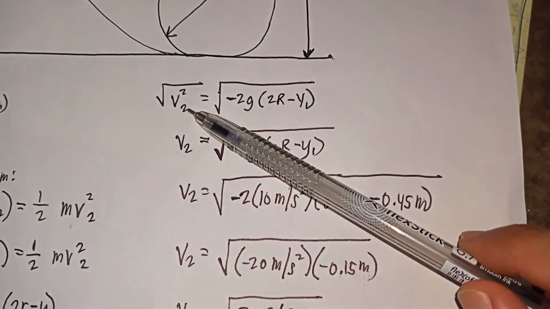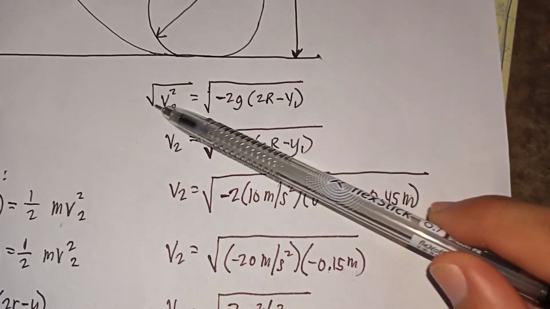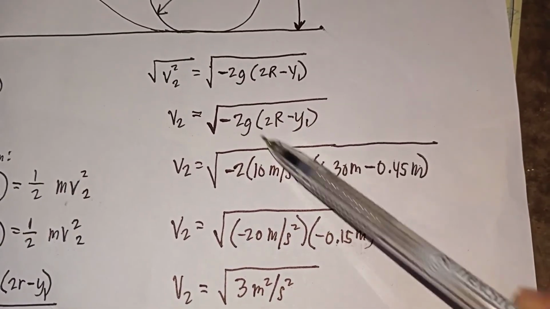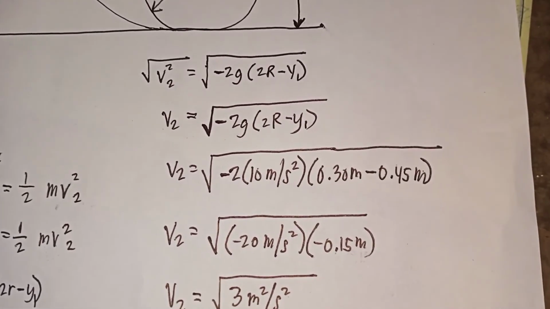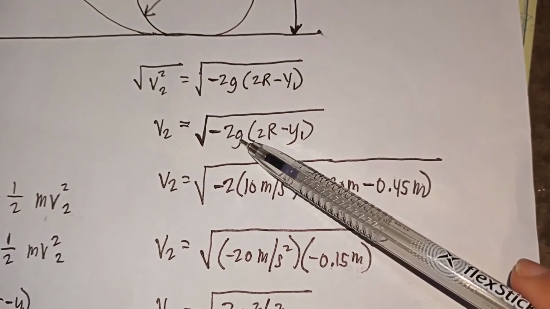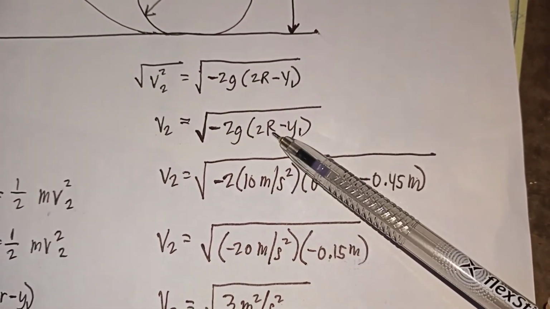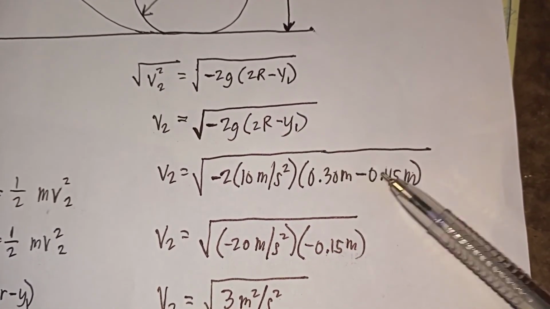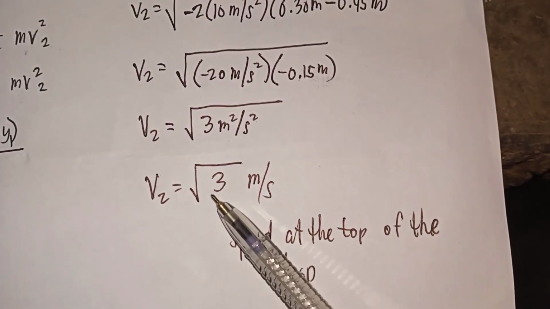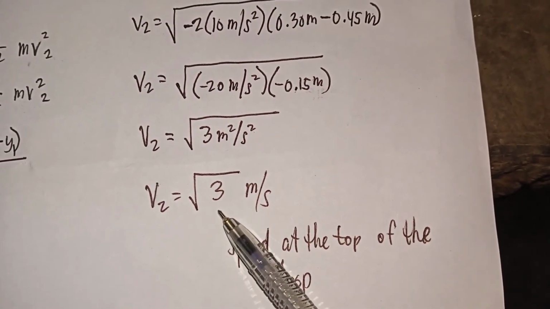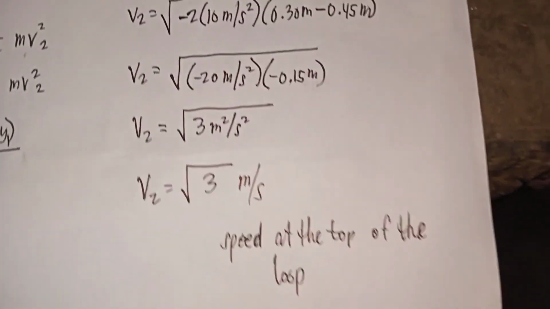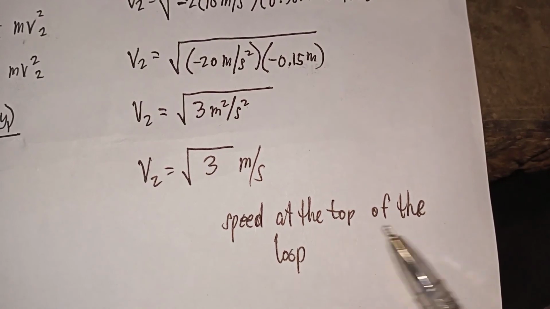Take the square root of v_2 squared to remove the exponent, then substitute the value of g, the value of 2r, and the value of y_1, and we arrive at the final answer: square root of 3 meters per second. This is the speed at the top of the loop.